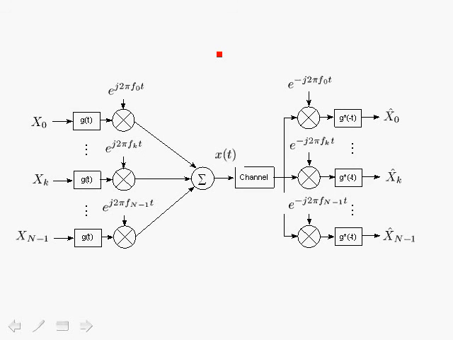The next slide is very important and sort of wraps up what we wanted to talk about in this section. We're basically showing how we would create these subchannels. We take the data, and recall that each one of these data is a point in the constellation, and every point in the constellation actually carries a certain number of bits.